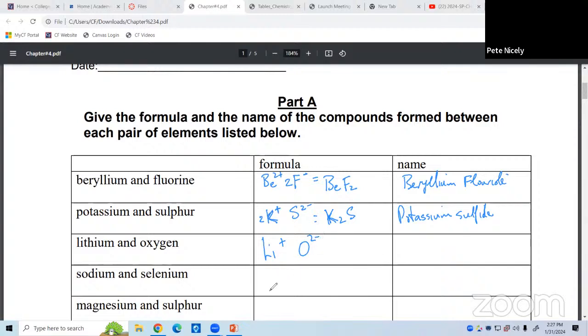Okay, so what do we do next? Times lithium by 2, so it'd be Li2. Exactly, Li2. And what's the name? Lithium oxide. Lithium oxide, very good. All right, so I think you should be able to do the others. So I'm going to leave you to try those. If you have any questions, feel free to ask. I'm here for that reason.